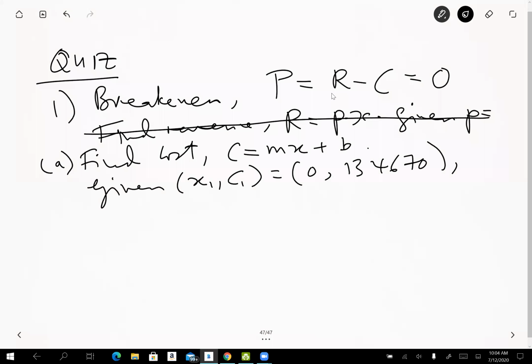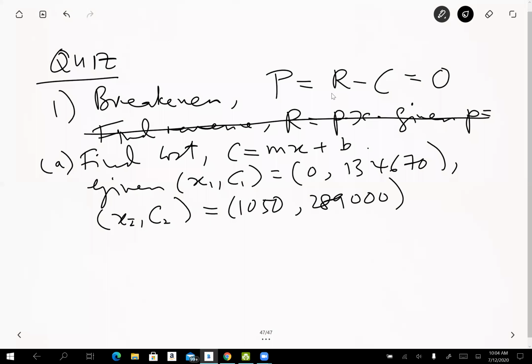And then I give you the second point, which is equal to the production, or to produce 1,050 units. So it will cost us 289,000. So those are the 2 points.